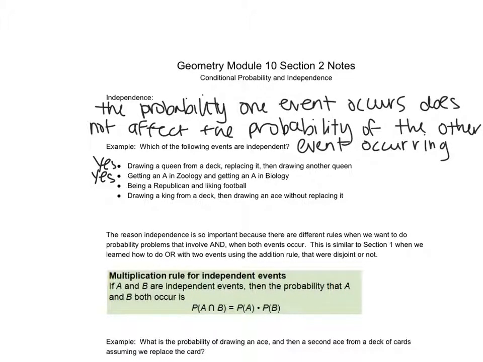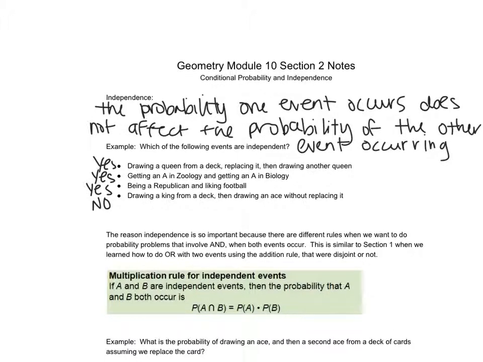Being a Republican and liking football, those are not related, so those are independent. But our last example, drawing a king from a deck, then drawing an ace without replacing it, those are not independent, because if I draw a king and I don't replace the card, the likelihood of drawing an ace changes based on that. So the last one is not an example of independent events.